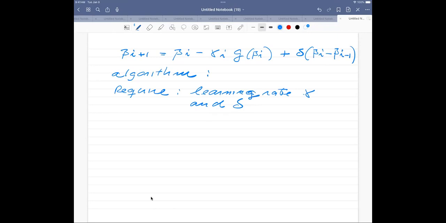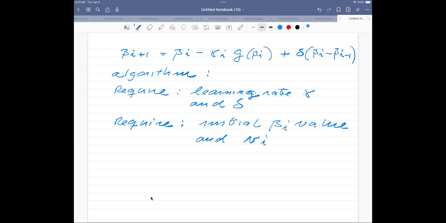Yeah, you require that one. And then the next thing you would require when you set up this algorithm is an initial value for beta, initial beta value. And we are going to use an intermediate parameter v, v of I.